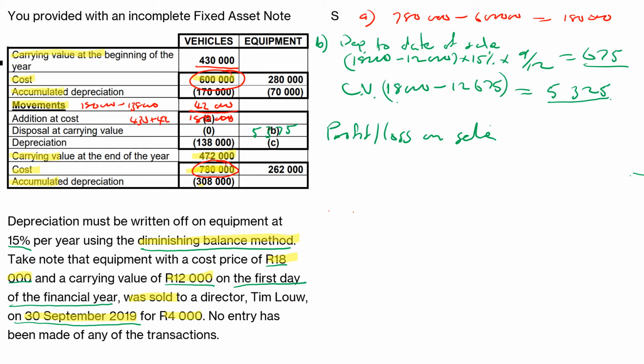So our carrying value here is 5,325. Right, how much was it sold for? 4,000. So there is a loss on sale, and the loss on sale is 5,325 minus 4,000, which gives you 1,325, and this is an expense.